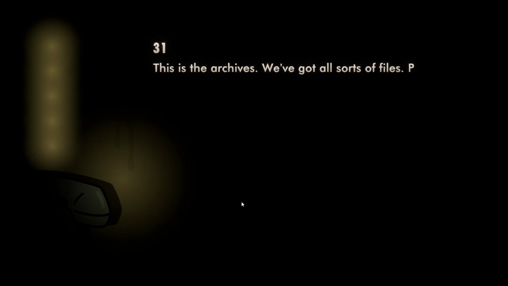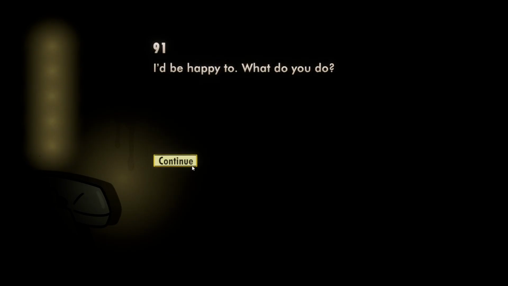This is the archives. We've got all sorts of files. Perhaps you'd like to take a look? I'd be happy to. What do you do? I'm the media man. I put together all the press materials. Unusual for an embassy to have a press officer. Is it? Is it? I'm new here. It's only been a few weeks. Are you, sir? We don't have any pictures of these guys.